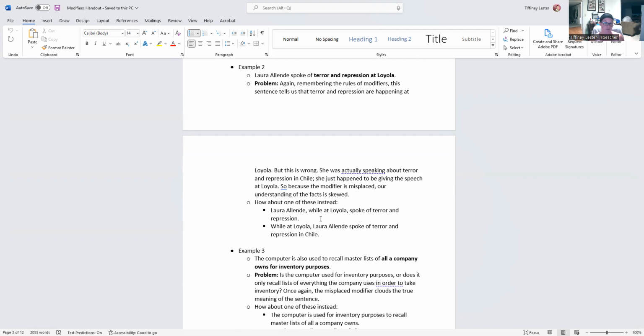Now, without any other context, even that sentence, while still more grammatically correct, isn't necessarily clear. With just one sentence to go from, we should actually include even more information just to be on the safe side. And we should say, while at Loyola, Laura Allende spoke of terror and repression in Chile. Then the reader knows exactly what I'm trying to say.